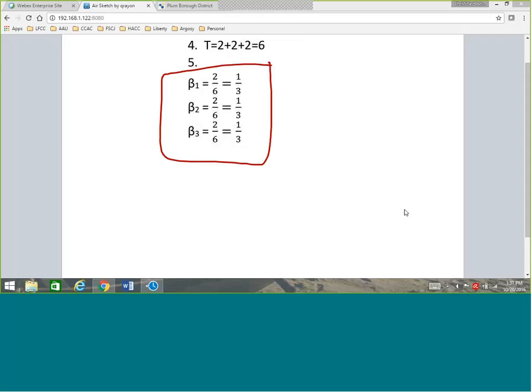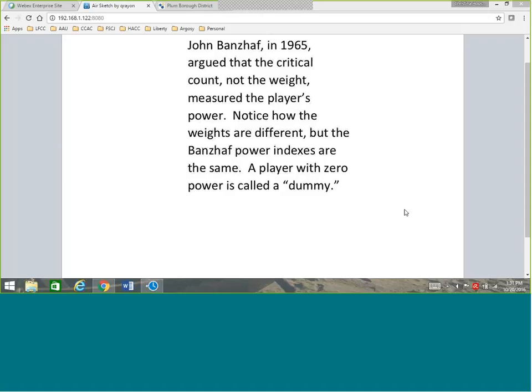So what John Banzhaf was saying is that this is a much better way to measure who has more power. So according to the Banzhaf Power Index, all three players have the same power, even though they have different weights.